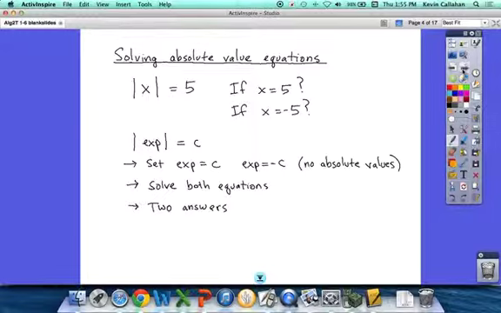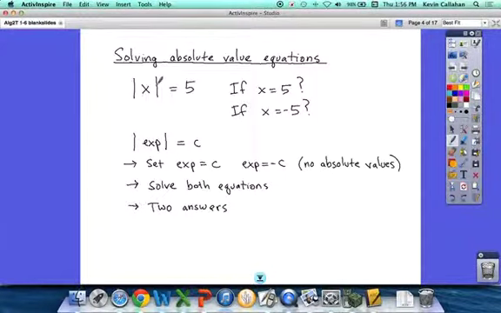If you have something as simple as the absolute value of x equals 5, then what it's saying is, if I plug in a positive 5 here, what will be the effect of taking the absolute value? If I put in a positive 5, what happens to the absolute value of 5? It's still the same.